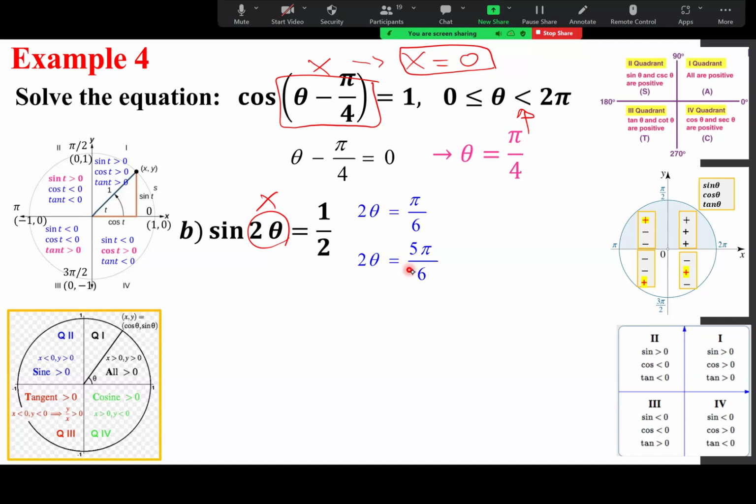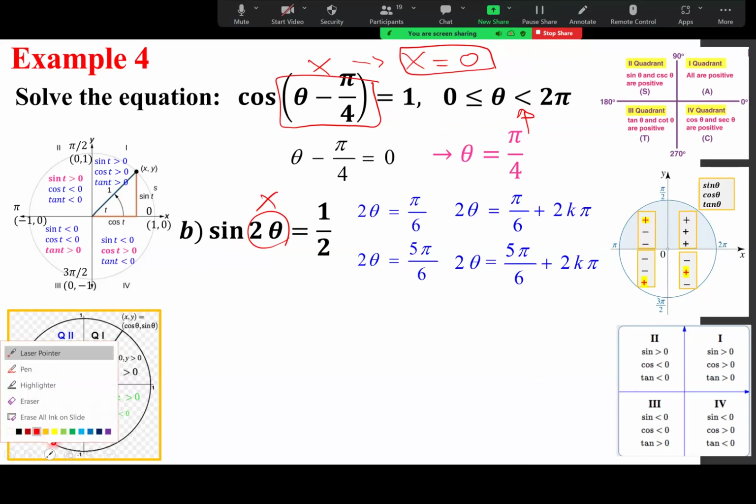So by now we should be comfortable. And since it's a multiple angle, in a complete revolution from 0 to 2 pi, you have to add, in the case of a sine, 2k pi to figure things out. So you add 2k pi. Then you divide by 2 because you're solving for theta.